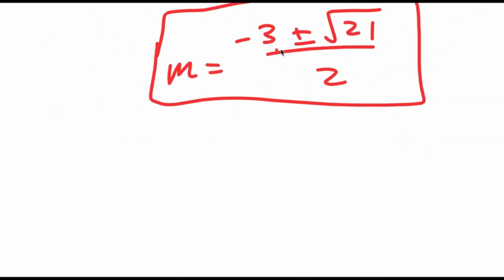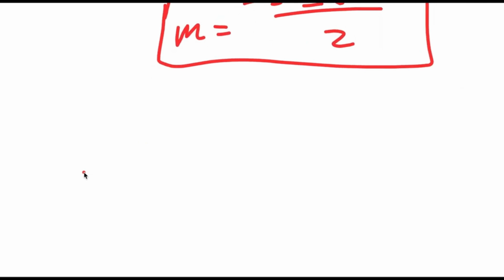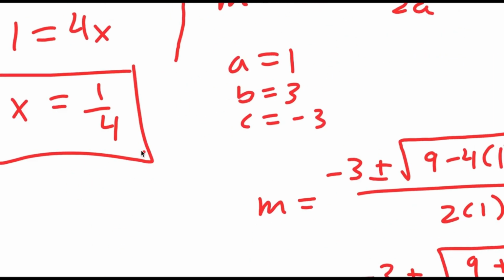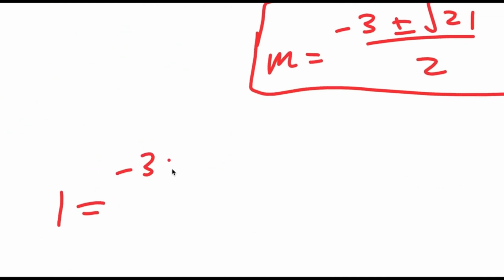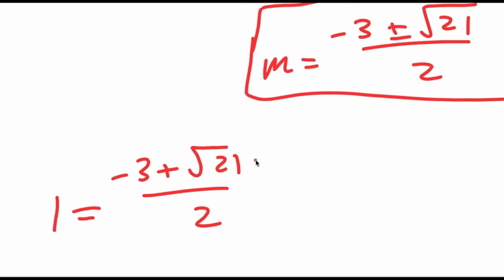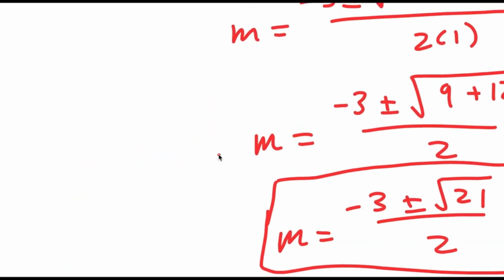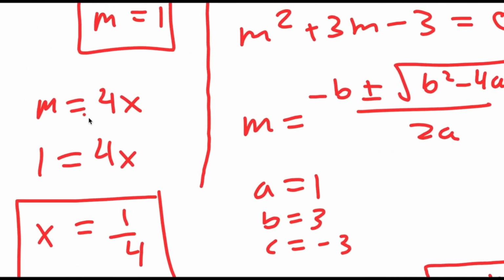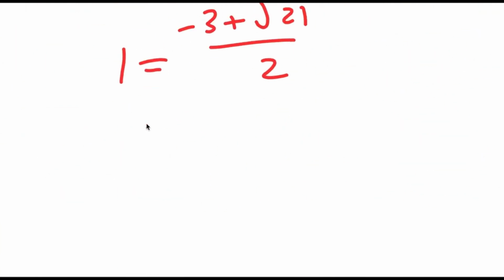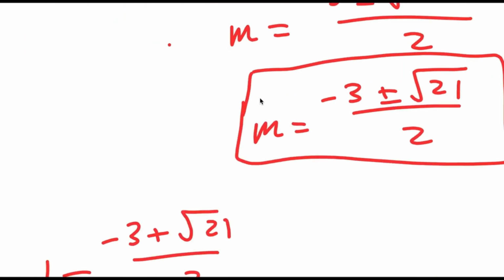And then when m is equal to negative 3 plus or minus the square root of 21 over 2, m is equal to 4x.